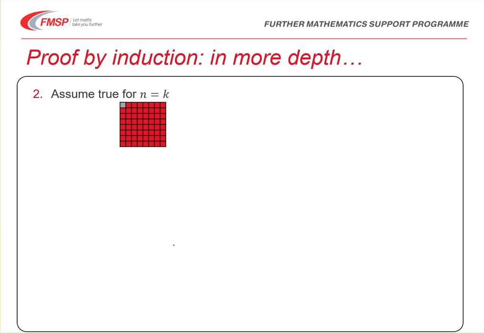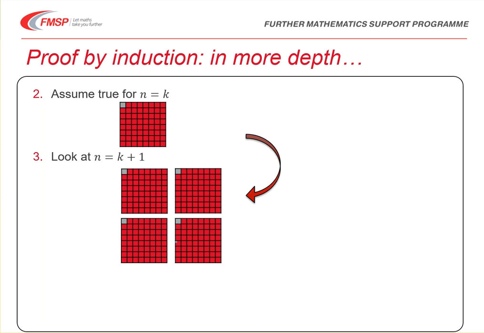What's really nice about this example is the visual aspect of the inductive step. So there's my assumed n equals k case. If I then look at the n equals k plus 1 case, remember that this was a 2 to the k by 2 to the k grid. Here I've got a 2 to the k plus 1 by 2 to the k plus 1 grid.